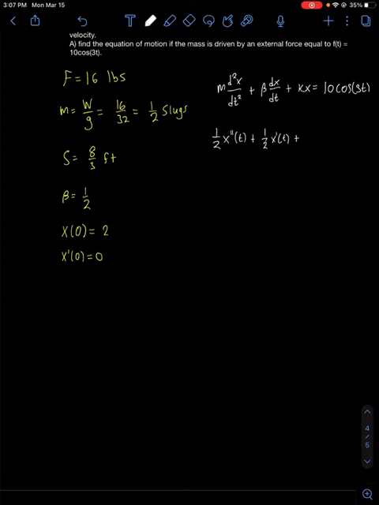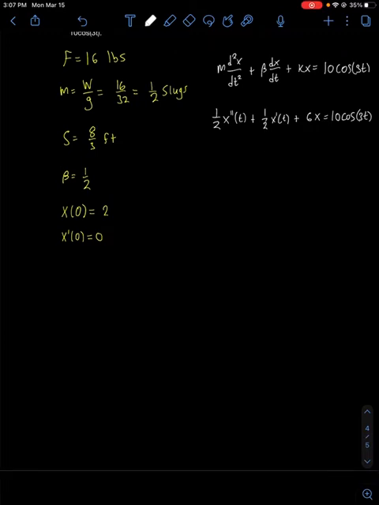F over s is going to be equal to 16 divided by 8 over 3, which is 16 times 3 divided by 8, or 2 times 3, which is 6. X equals 10 cosine of 3t.